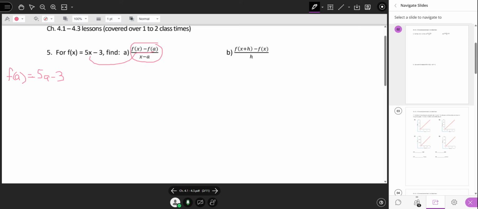So f of x, so 5x minus 3, that's all of this. Then it says minus. I'm going to put a minus here. So I'm going to change both signs here. So that becomes a minus 5a and a plus 3.